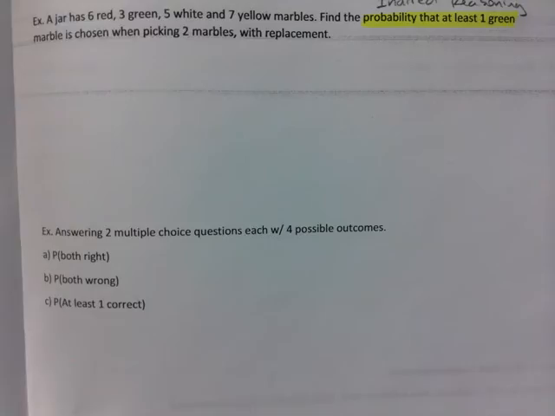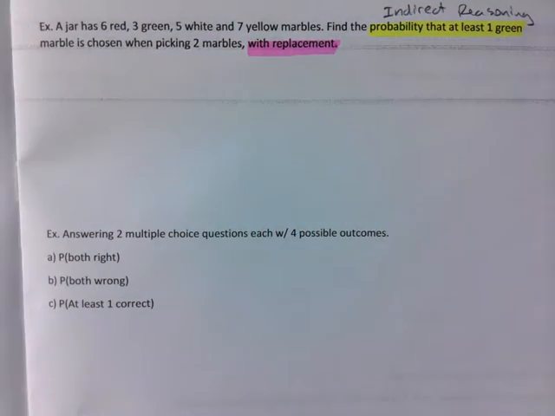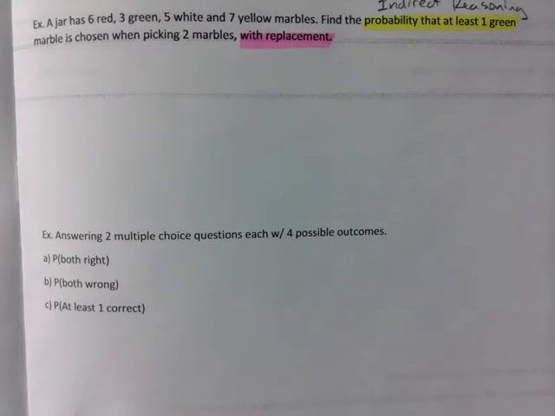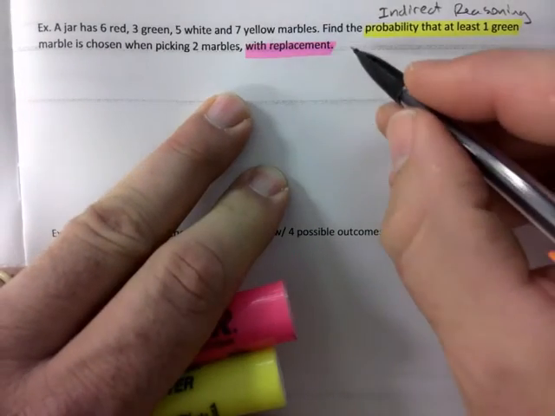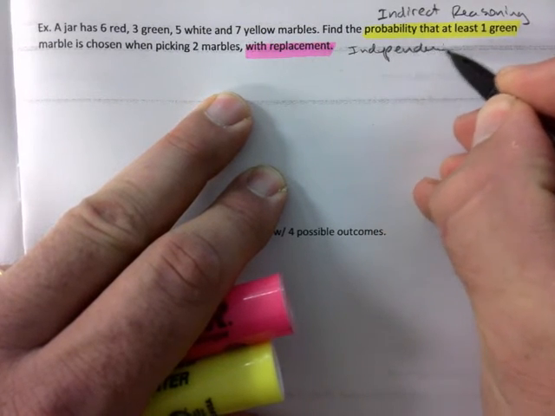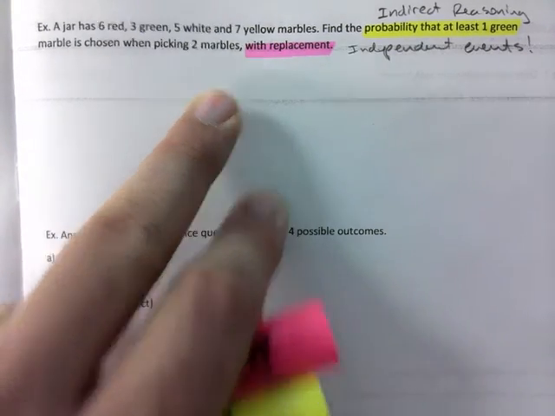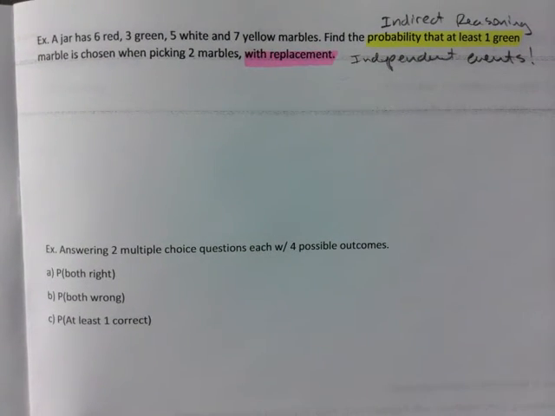The other thing I want to highlight is with replacement. What kind of events are we talking about, dependent or independent? They're independent, yeah. So this question is telling us a lot about what needs to be done.